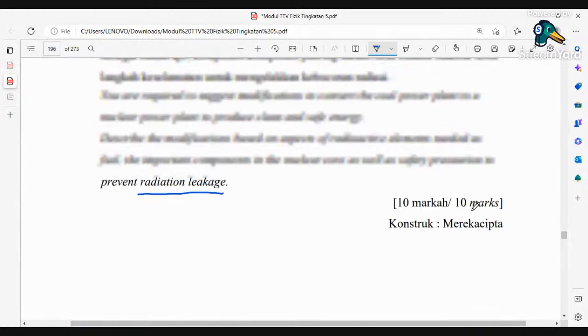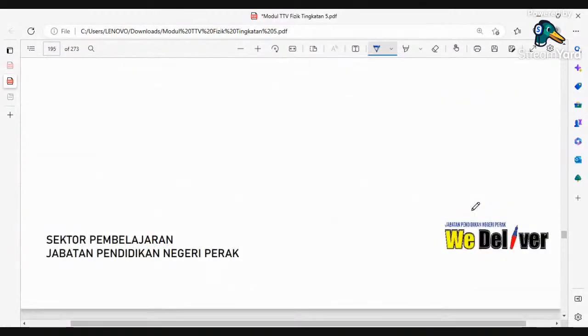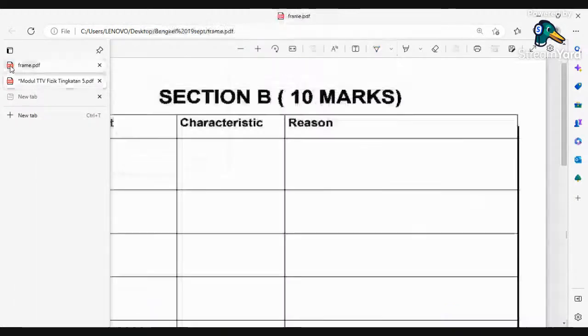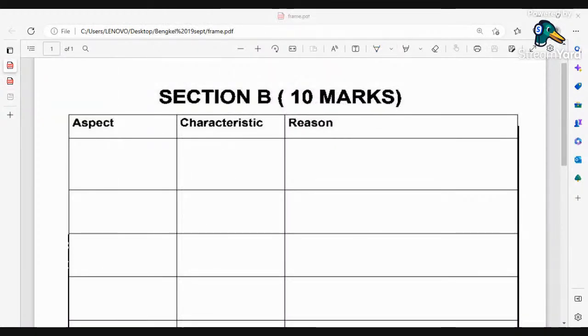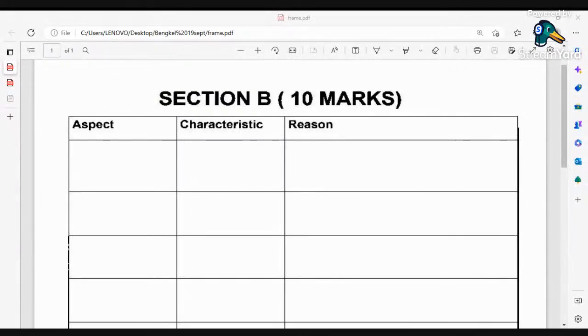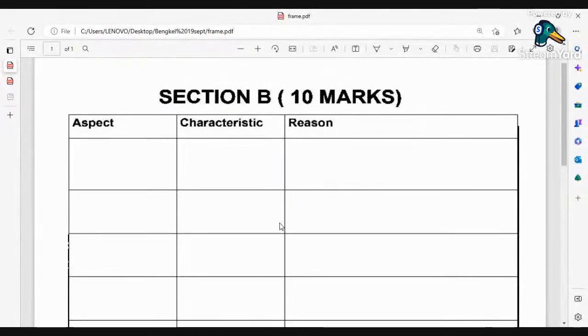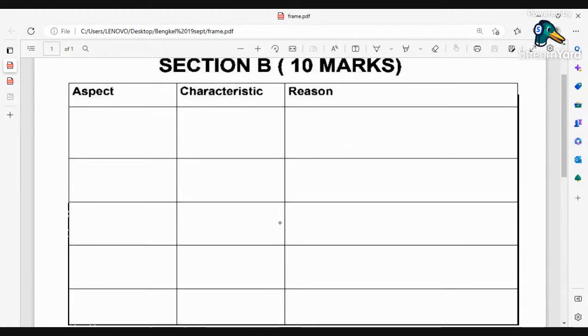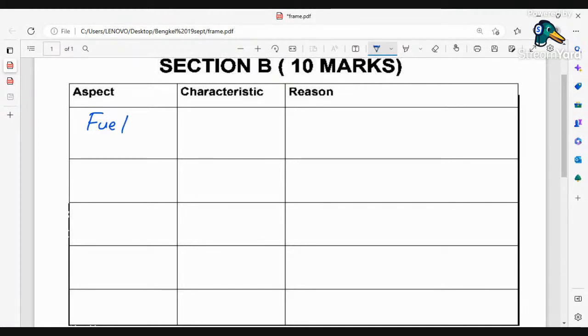Okay, kita tengok soalan ni. Ini adalah soalan daripada section C. Okay, masukkan semua aspek. The fuel, okay, fuel use. Kita ada control rod.